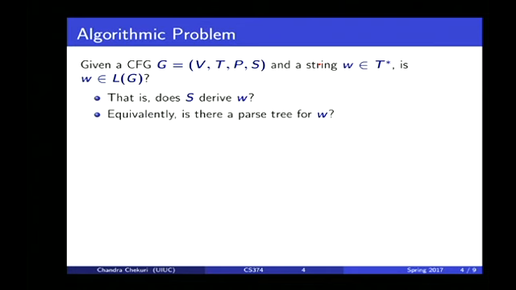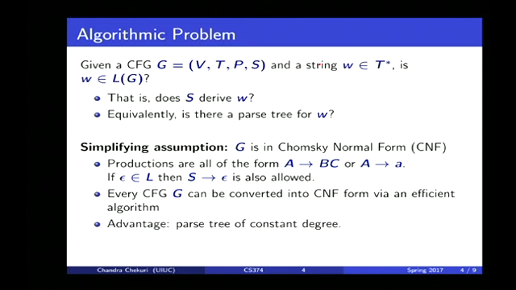So how do we do it? Here is an example. First, we're going to make a simplifying assumption because that helps us design the algorithm cleanly. I'll assume that the context-free grammar is in what's called Chomsky normal form. I didn't discuss it too much, but here is what Chomsky normal form is. Every rule has only one of the following forms: A goes to BC, where B and C are non-terminals, or A goes to one letter a, some alphabet letter.